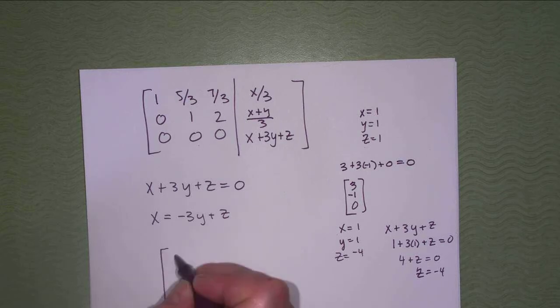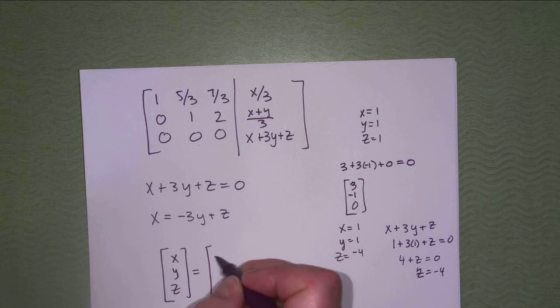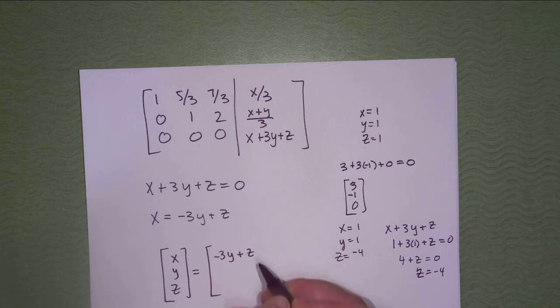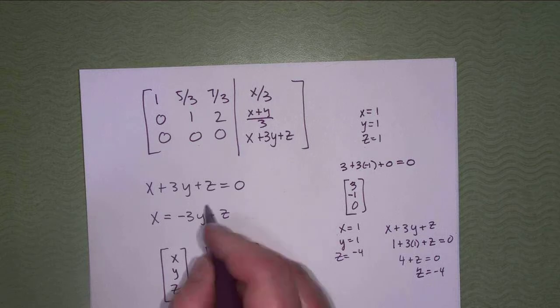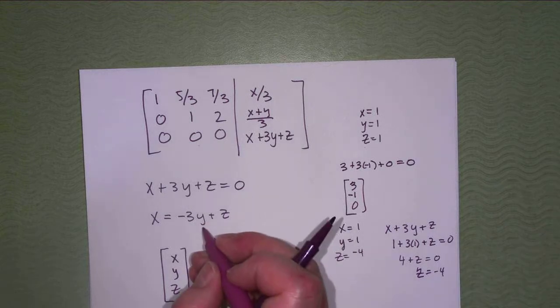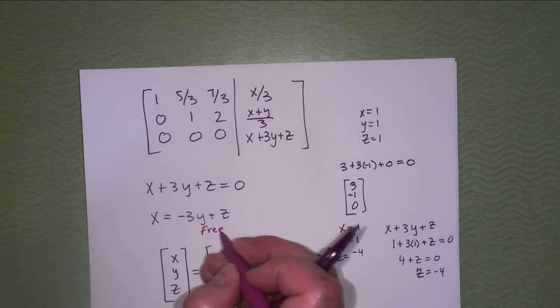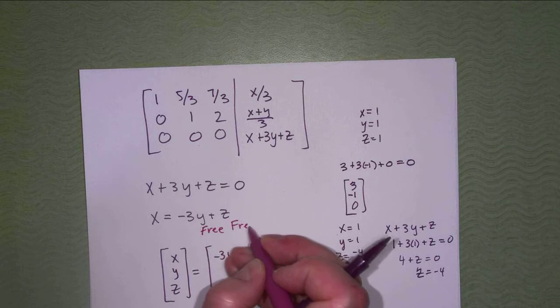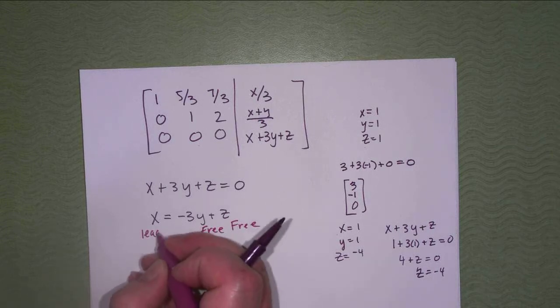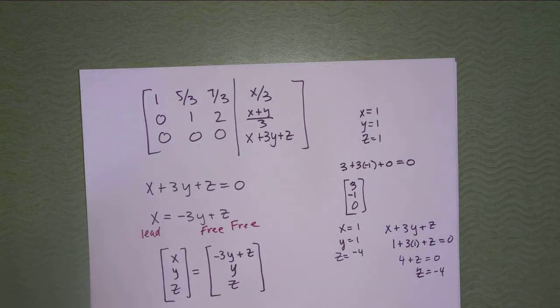Here's our general vector, x, y, z, and I'm saying that x has to be -3y minus z. Since y and z are on the other side, they are free. x is a lead, only because I solved for it. This is the form. So I could plug in a y and a z and then find the x from that.